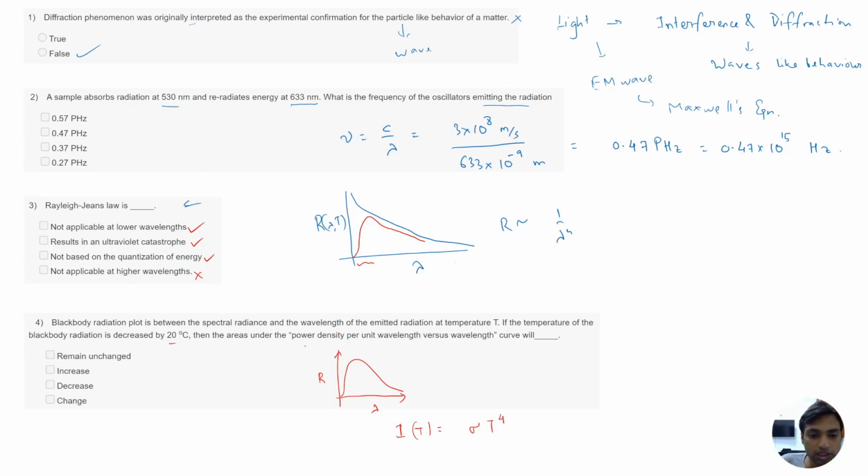So the area under this curve you can just replace by intensity I of T. If the temperature reduces, then this quantity, the area under the power density curve, will also decrease, and it decreases by the fraction to the power 4, and since it is decreasing, it is changing. So these are the two correct answers.